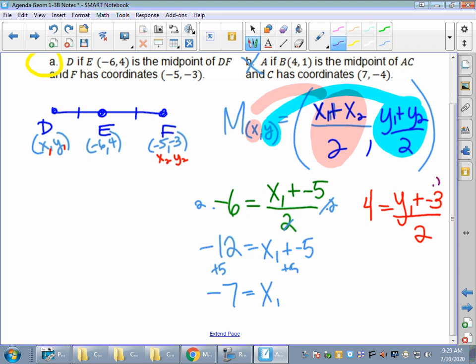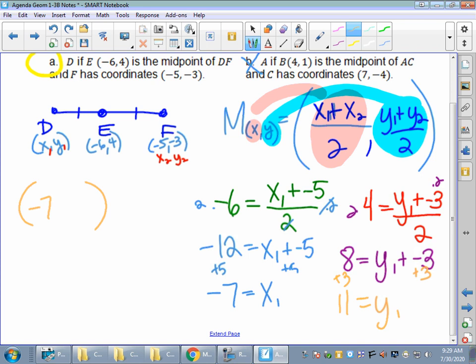So the first thing I'm going to do is multiply by 2. So 8 equals y1 plus -3. So I'm going to add 3 to both sides. So y1 is equal to 11. So that means my ordered pair for point D is that x is -7, y is 11.